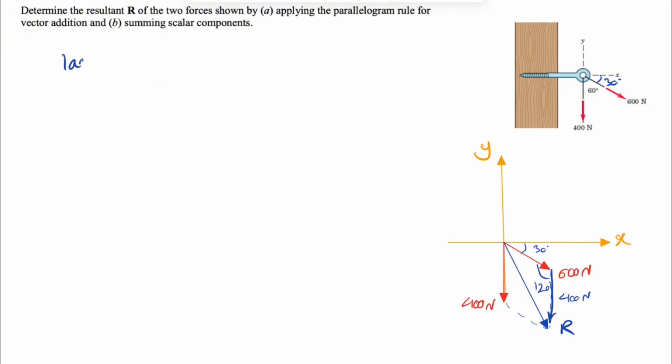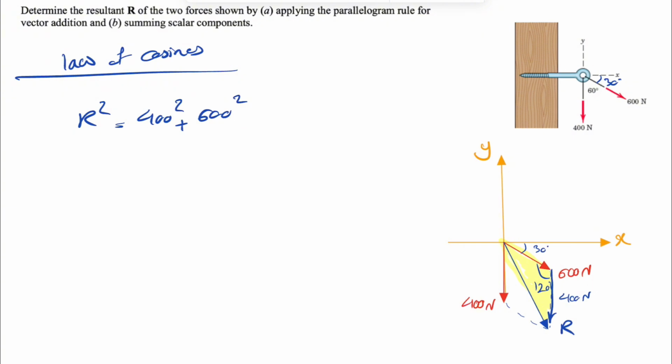And if we do our law of cosines for the triangle that I'm highlighting in yellow, our R squared would be equal to 400 squared plus 600 squared minus 2 times 400 times 600 cosine of the angle between the two forces, 400 and 600, which is the 120 that we found. So basically our R would be the square root of what we have on top.